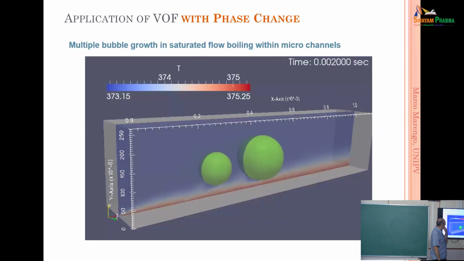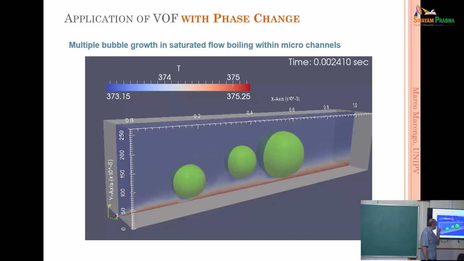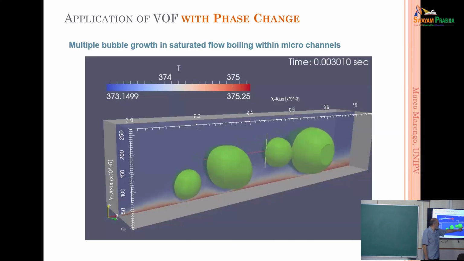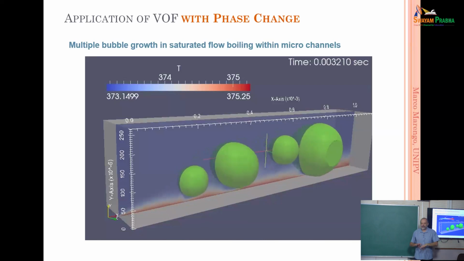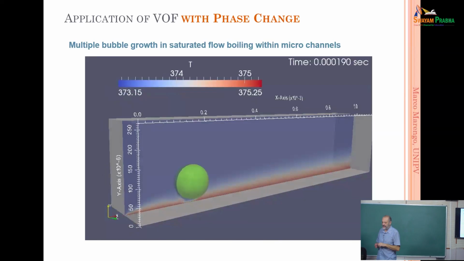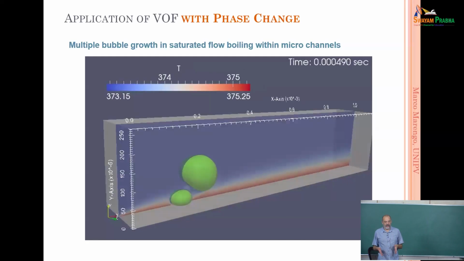I think somewhere here it is touching the wall. Let me see. Oh, yeah, this. It is happening that it's touching the wall, there's a strong deformation. So of course in this case we have a triple line, so we have a contact angle problem, wettability. The wettability is inside the simulations, okay?